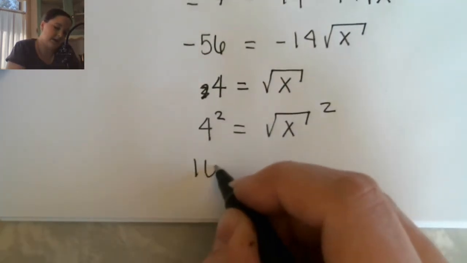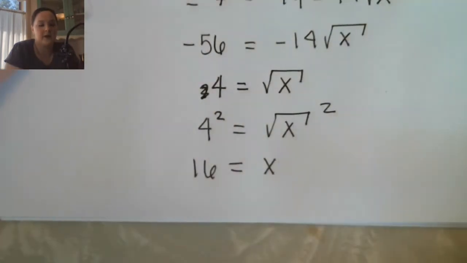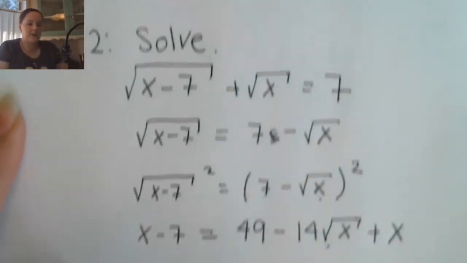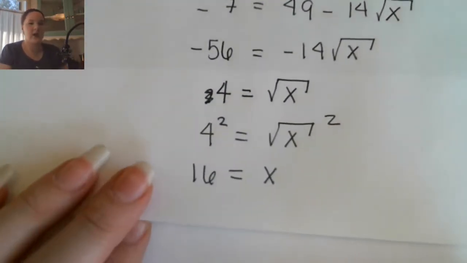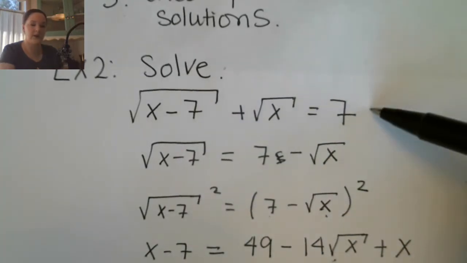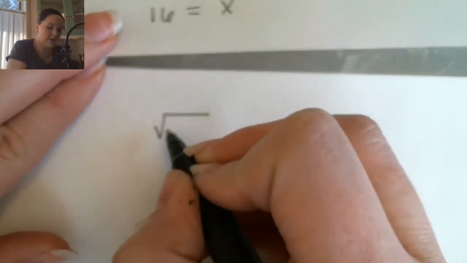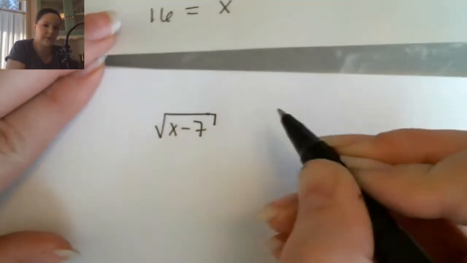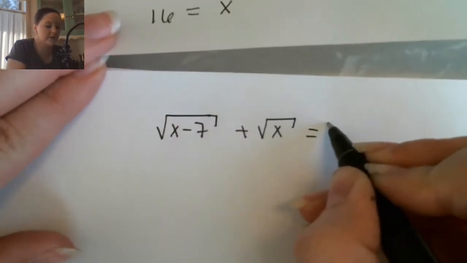And I get 16 equals x. Now, this is an important step when it comes to solving radical equations. When you check, you want to check in the original equation. So we are going to check our x equals 16 in our original equation, this one here. So I have square root of x minus 7, plus root x equals 7.